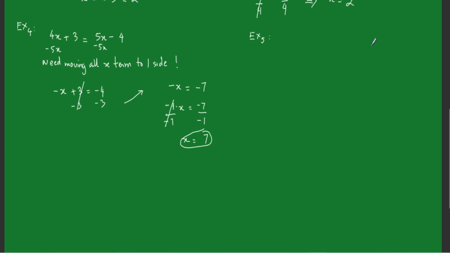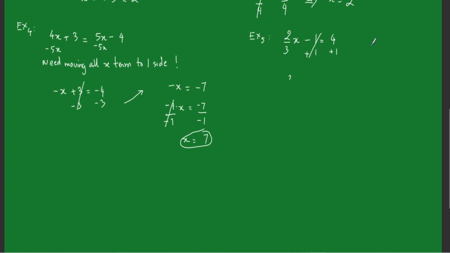I have a fraction, 2 over 3 x minus 1 equals 4. So the first step is we need to get rid of this one. We don't want to get rid of something attached to x first. We want to get this number first. I'm going to add 1 to both sides.